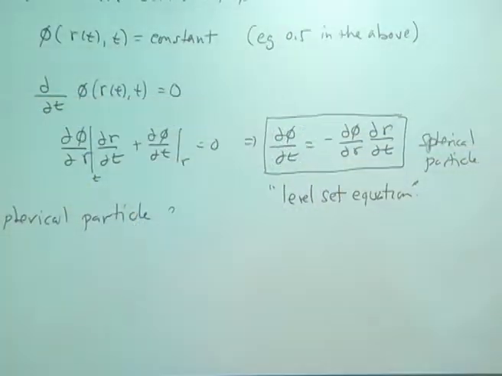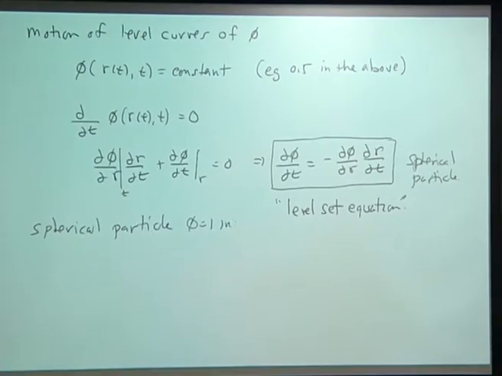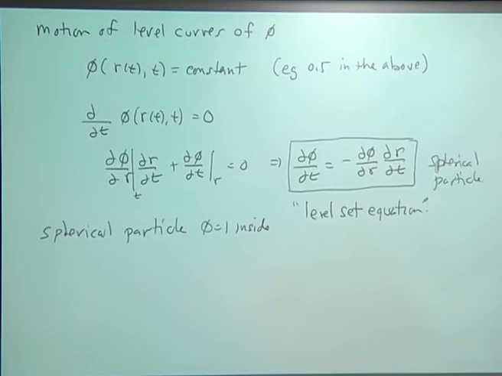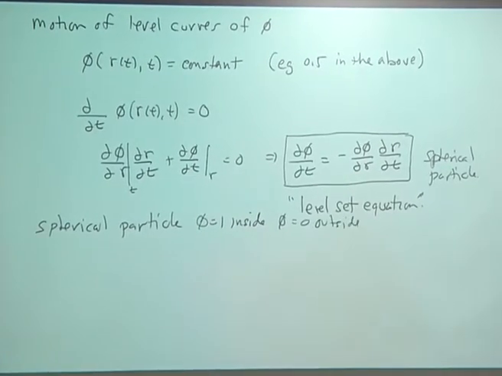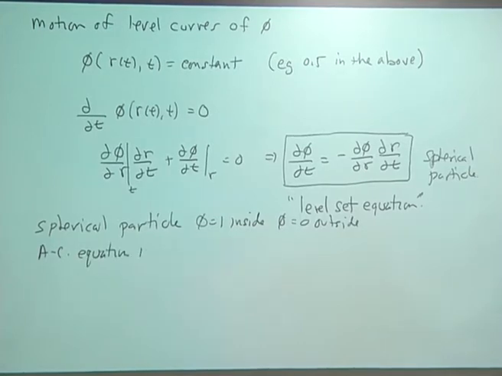Okay. So we're going to consider again a spherical domain particle. Phi equals 1 on the inside. Phi equals 0 on the outside. And so we'll write the Allen-Cahn equation in spherical coordinates.